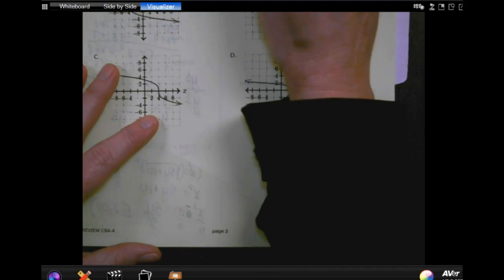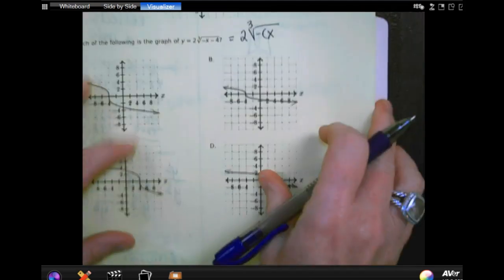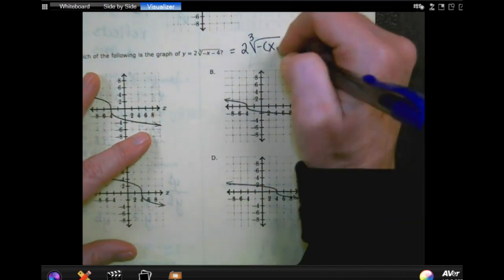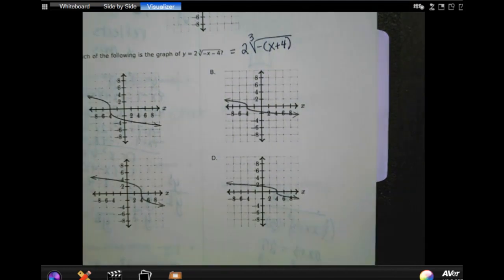But to do this, watch, you have to factor out the negative sign here because that changes this, doesn't it? So which way does that really shift? The plus 4 is really, and if you don't factor out the negative, you're going to get that one wrong.